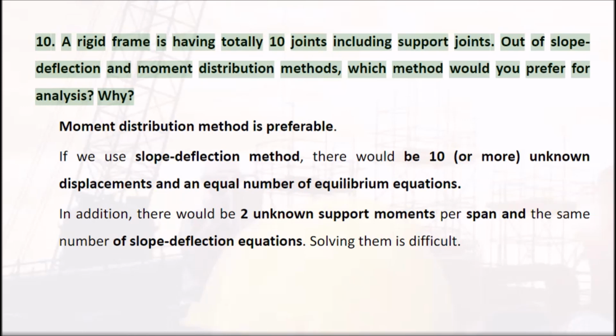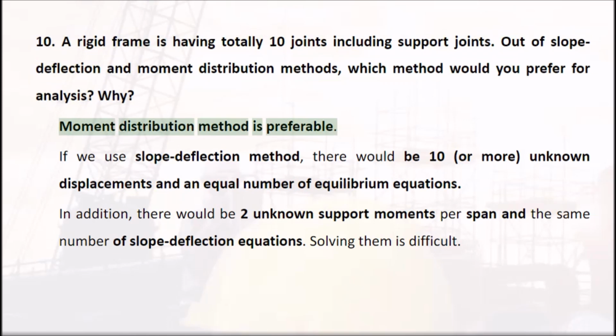A rigid frame has a total of 10 joints including support joints. Out of slope deflection and moment distribution methods, which method would you prefer for analysis? Why? The moment distribution method is preferable.